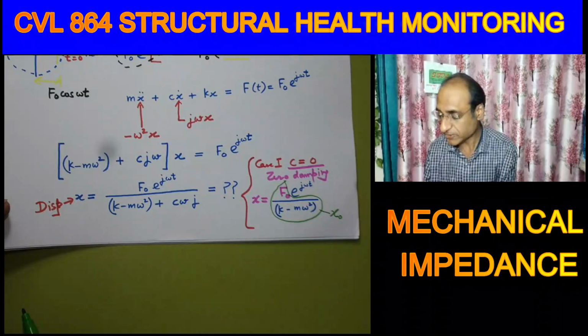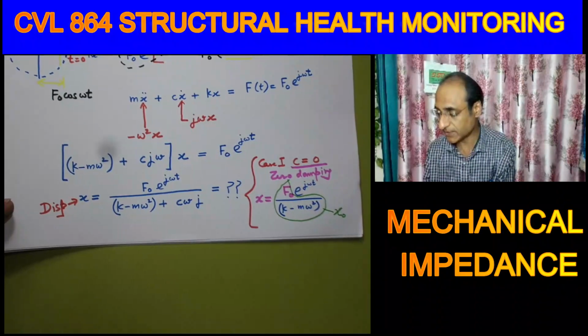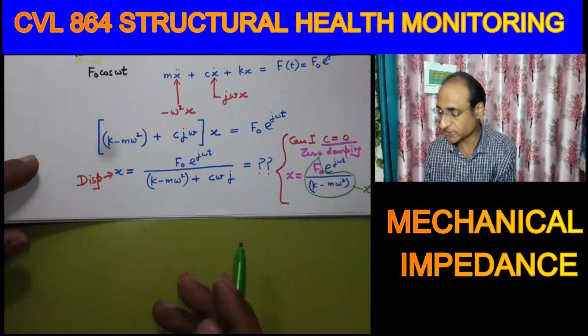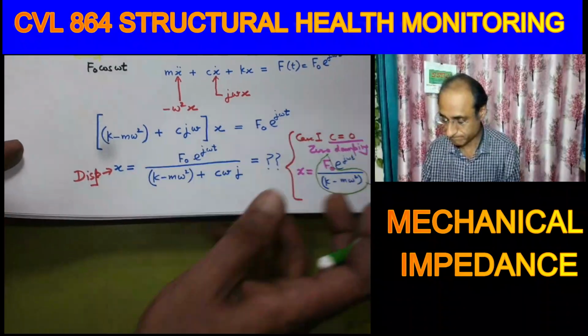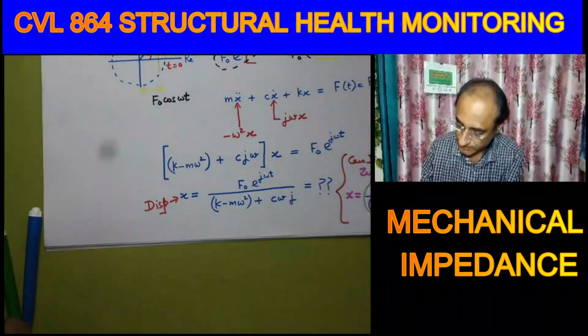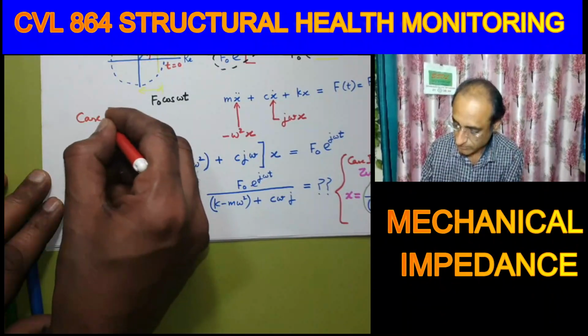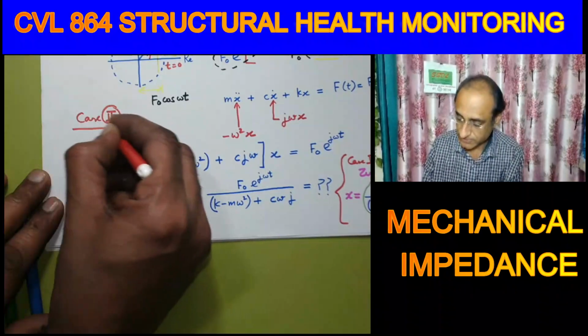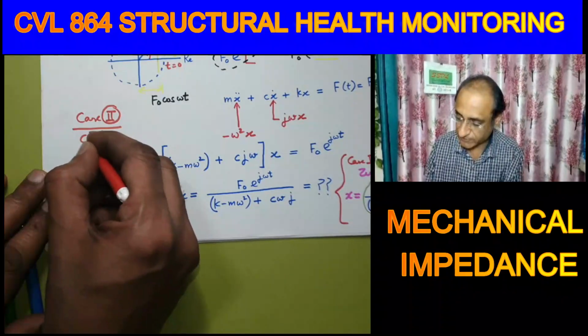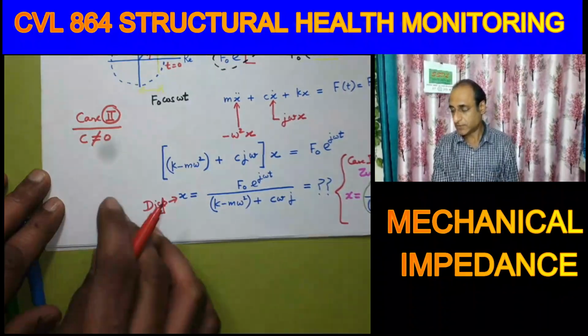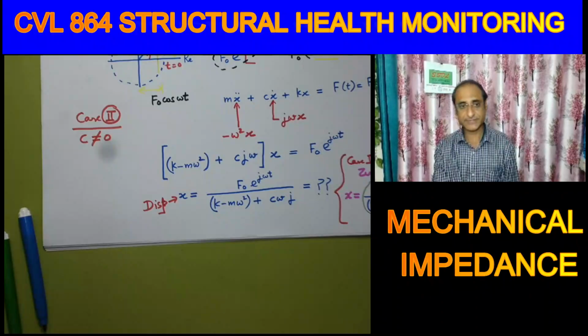But if damping is not 0, in that case what will happen? Case 2, if damping is not 0, then what will happen? That is, damping has some finite value. Then how do you relate the force and displacement with each other in terms of phase?